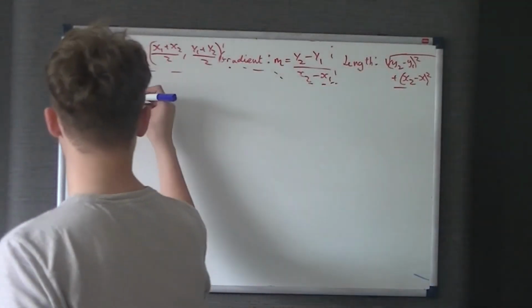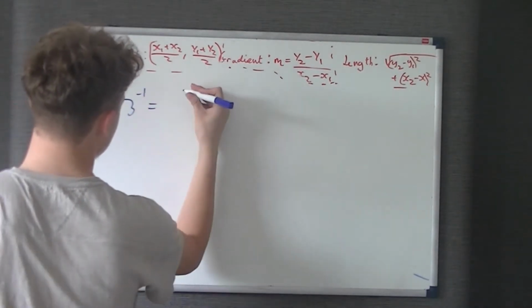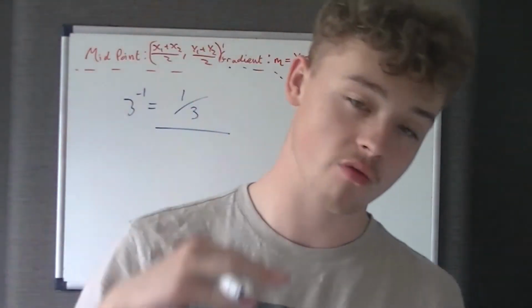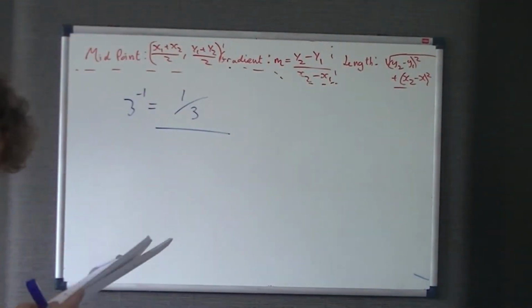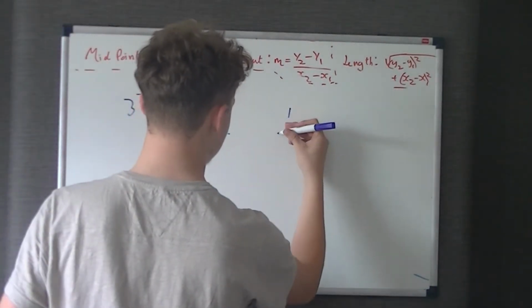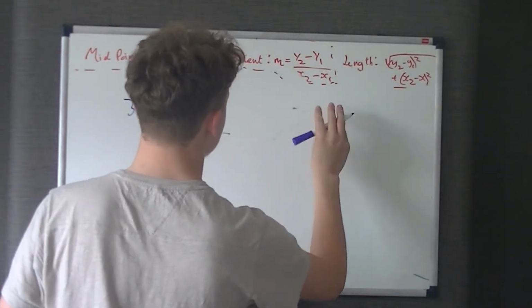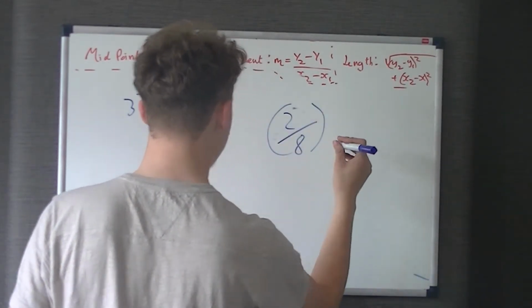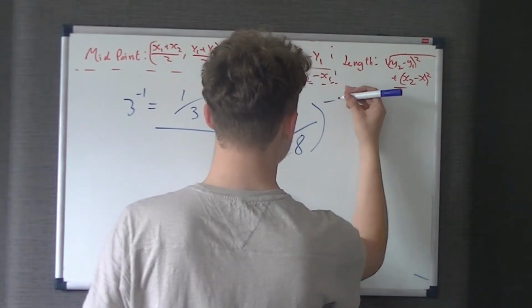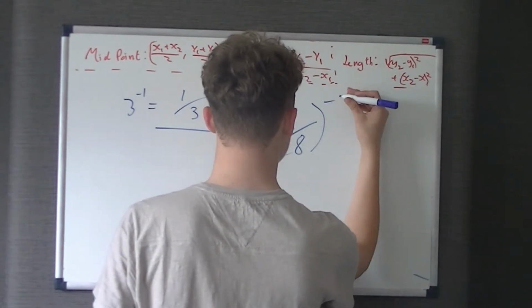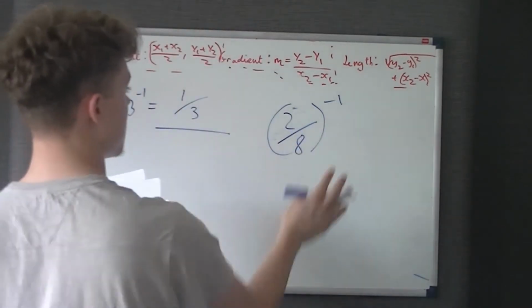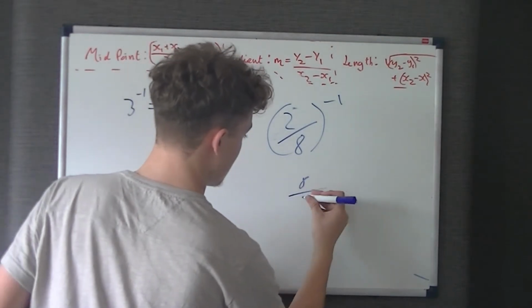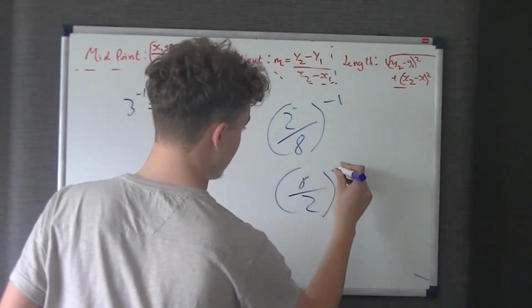So if you've got 3 to the minus 1, that's the same as 1 over 3. However, if you've got 2 over 8, for example, and it's to the power of minus 1, you don't flip the sign, you flip the fraction, so that becomes 8 over 2 to the power of positive 1.